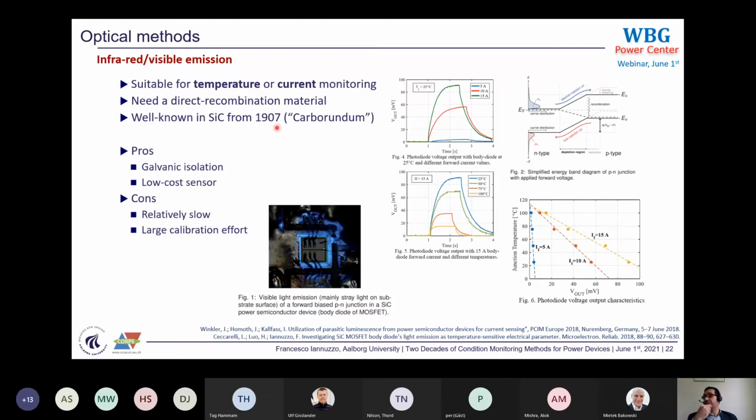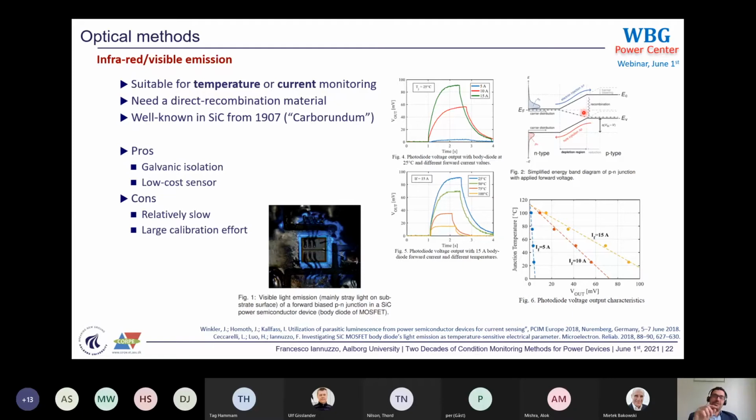It has been demonstrated, also at Aalborg University, that it is possible to correlate temperature and/or current with light. The reason is very simple. If you have a different current, you have a different emission, of course, in quantity of photons. But the interesting thing is that the band gap width is temperature dependent.